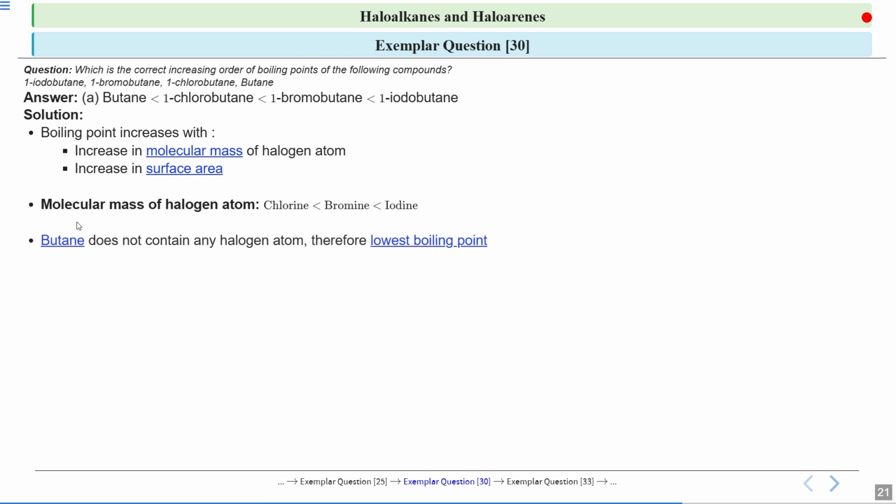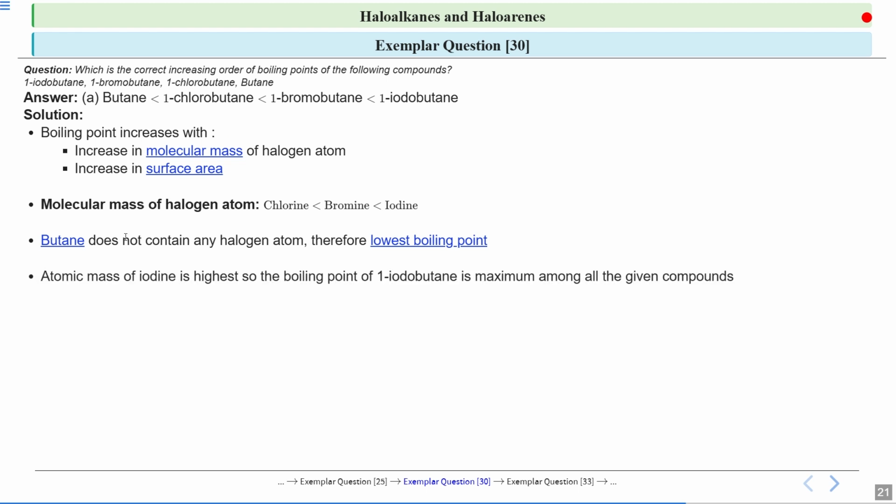Butane doesn't contain any halogen, so it will have the lowest boiling point compared to the other alkyl halides given, because they contain a halogen plus the carbon-hydrogen part, right? Butane is only a carbon-hydrogen compound and doesn't contain any halogen, so it has the lowest molecular mass, which means the lowest boiling point.